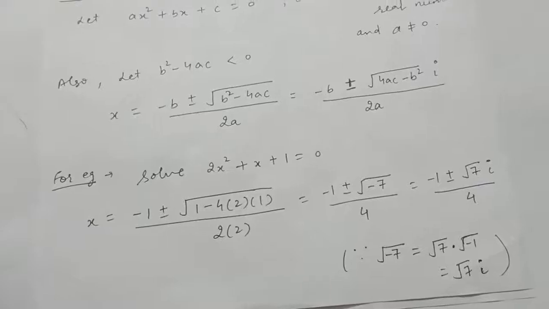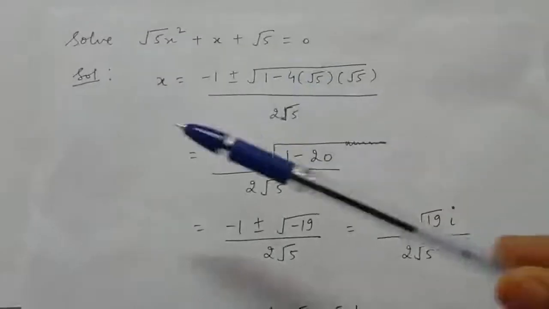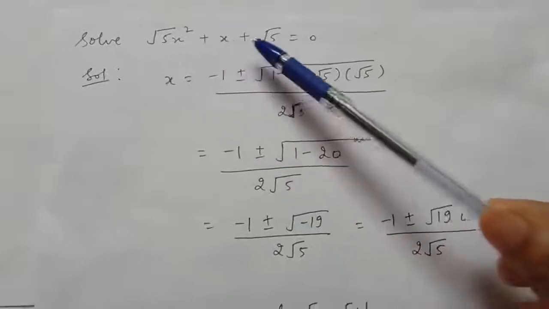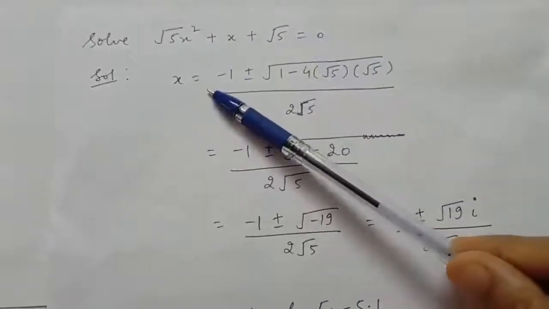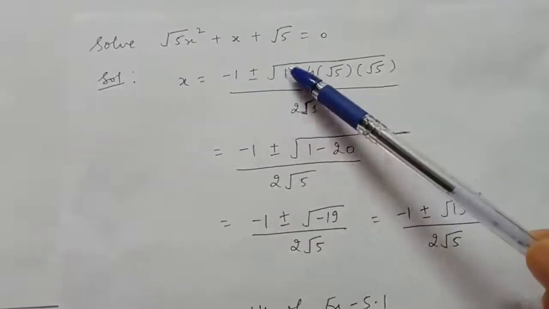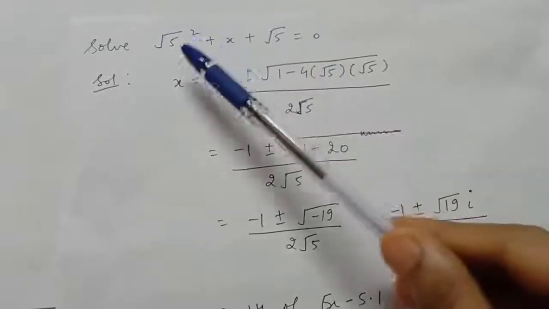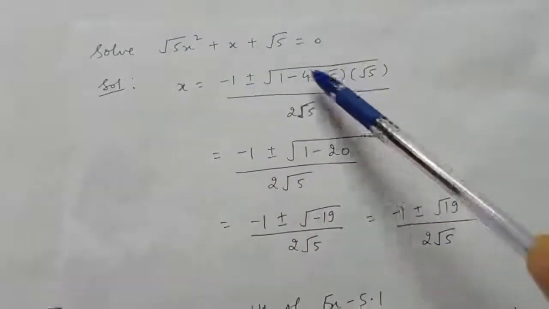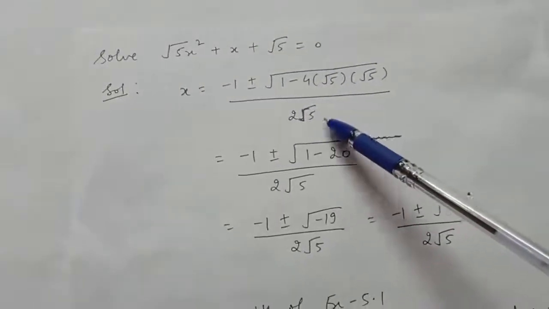Clear? Let us take one more example. Solve root 5 x square plus x plus root 5 equal to 0. So this will be x equal to minus b, which is 1, plus minus root b square, which is 1, minus 4ac, upon 2a. a is root 5.